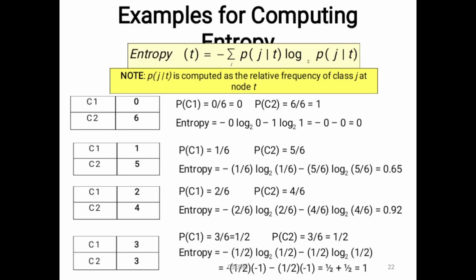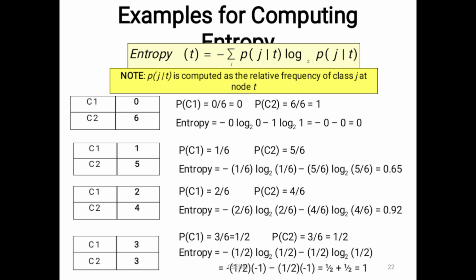Some examples of computing entropy. Here is the equation of entropy: Entropy(t) equals minus the summation over j of p(j|t) log base 2 of p(j|t). Here the values are C1, C2 and C1, C2. These are 4 sets of values. 6 is the high-frequency value.